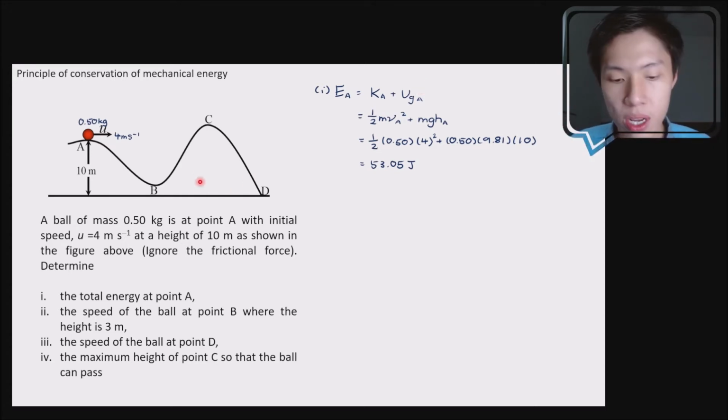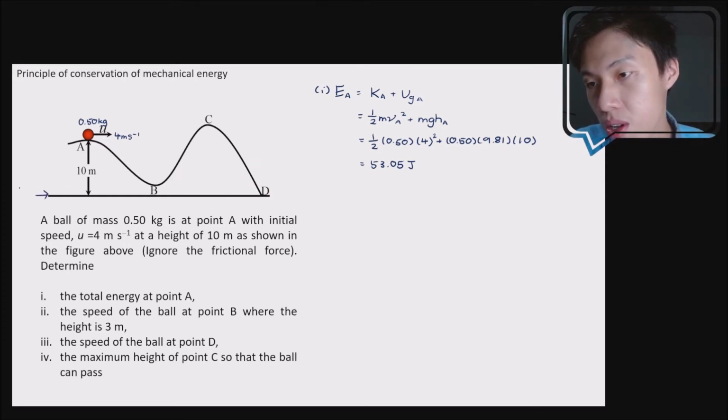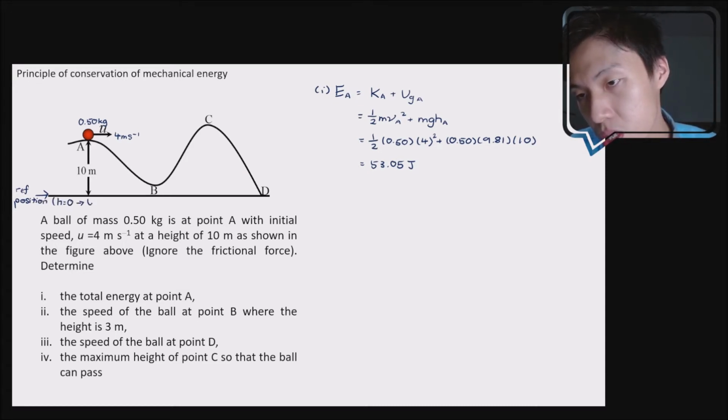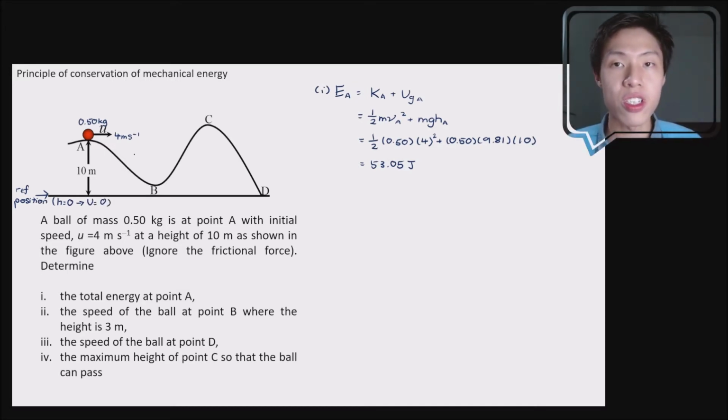Here, we are setting the ground as the reference position. The reference position is where we set our h to be 0, thus causing our U to be 0. But this reference position can be anywhere.